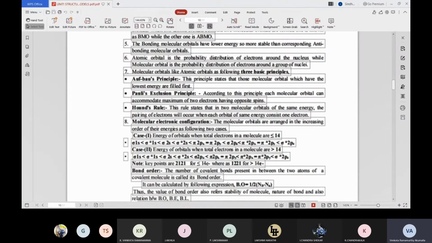And bond order is another important one. This is a 2 marks question also.